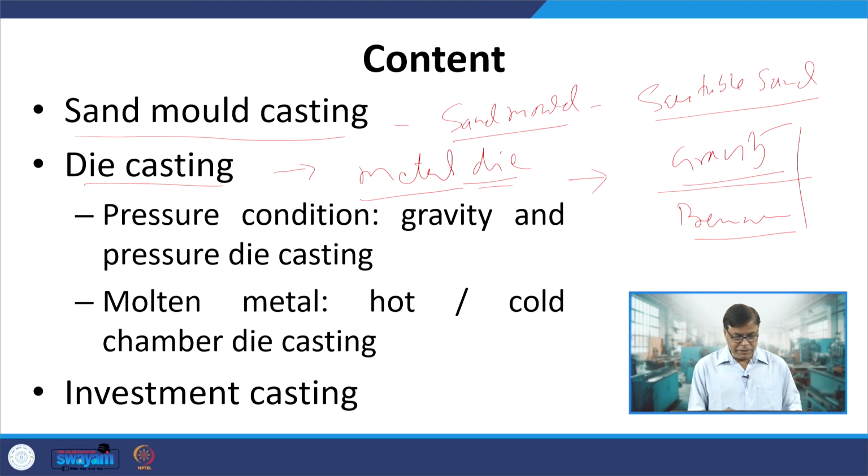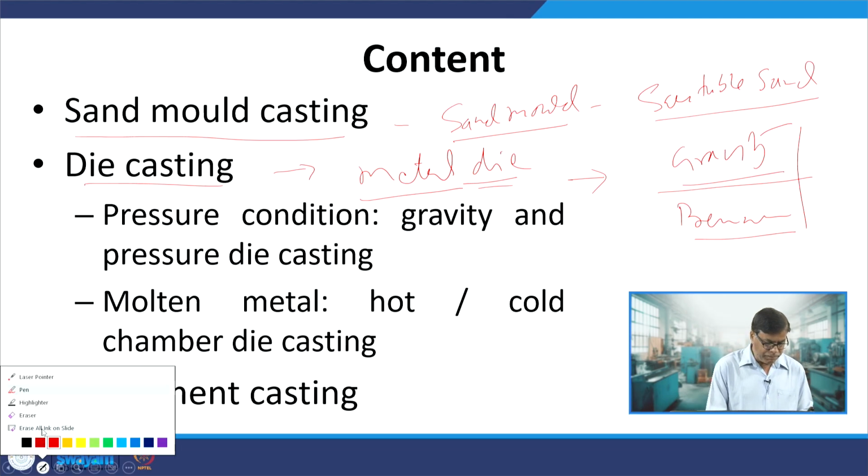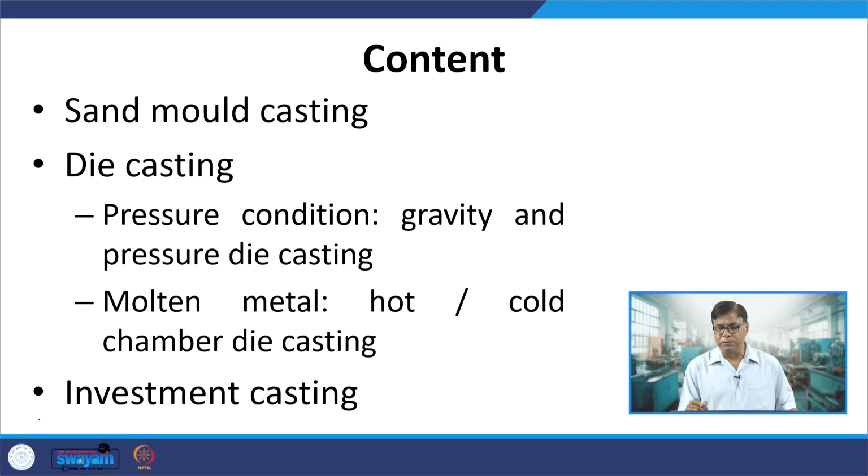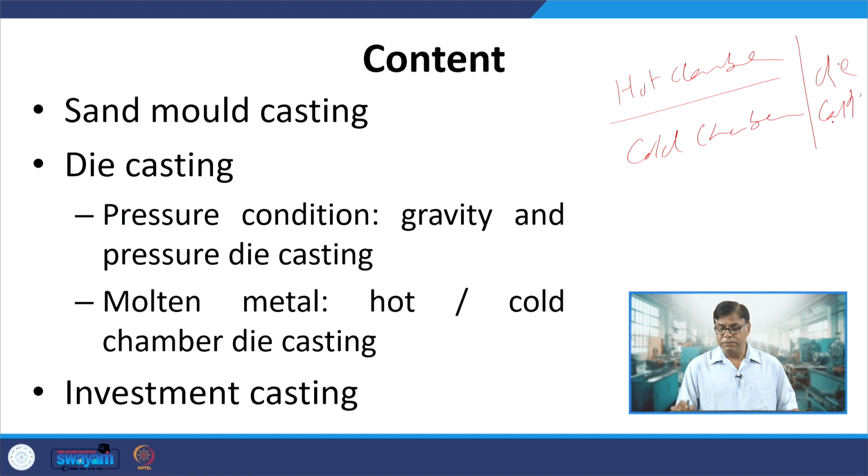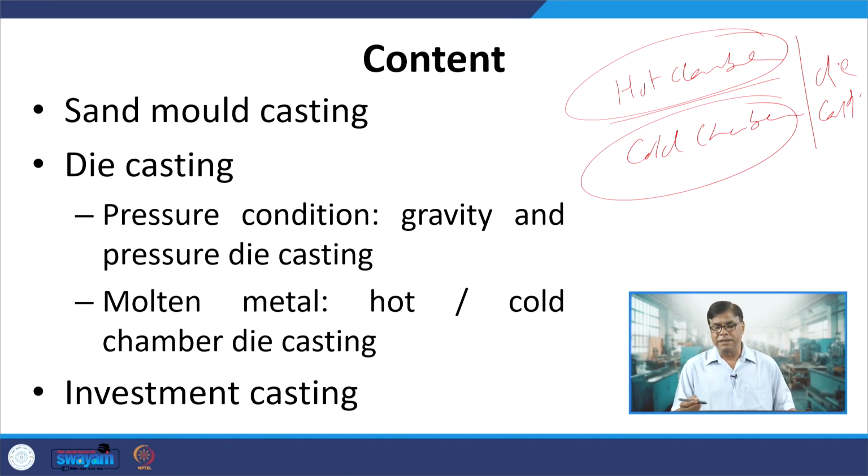Then, depending upon the condition in which the molten metal is maintained before feeding into the mold, it can be hot chamber or cold chamber die casting. In hot chamber die casting, the molten metal is heated when it is stored before being pushed into the mold. But in cold chamber die casting, there is no external heating of the molten metal when it is stored.